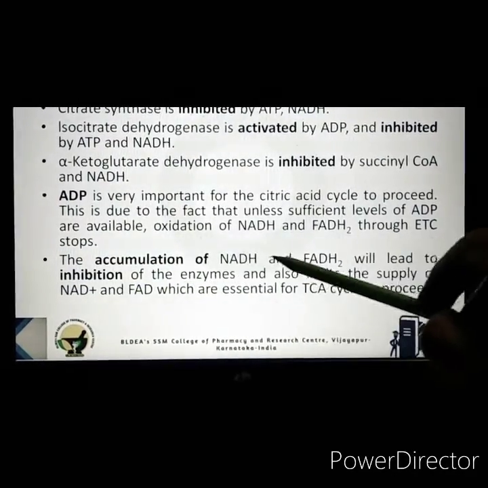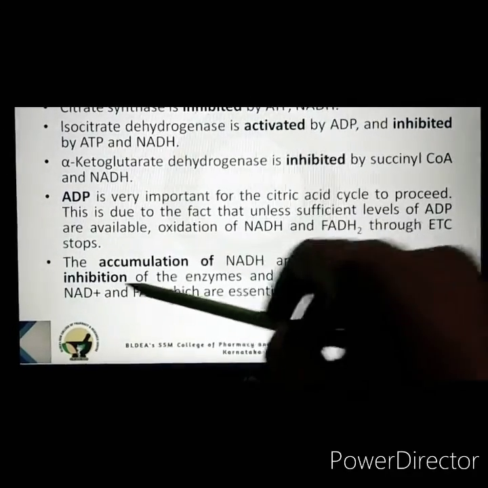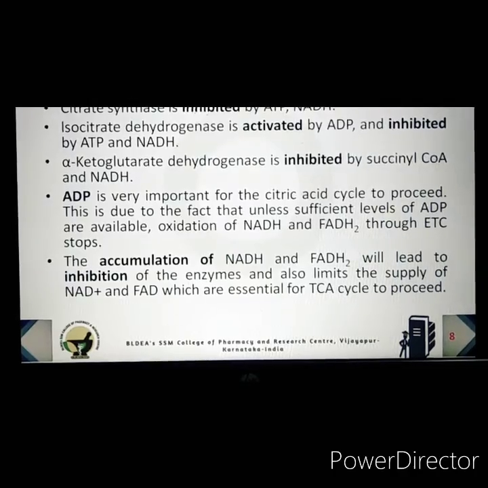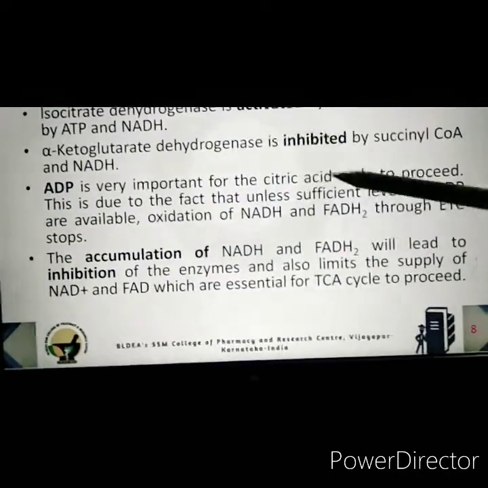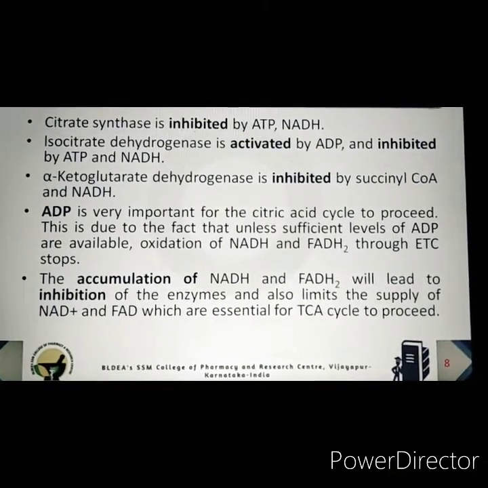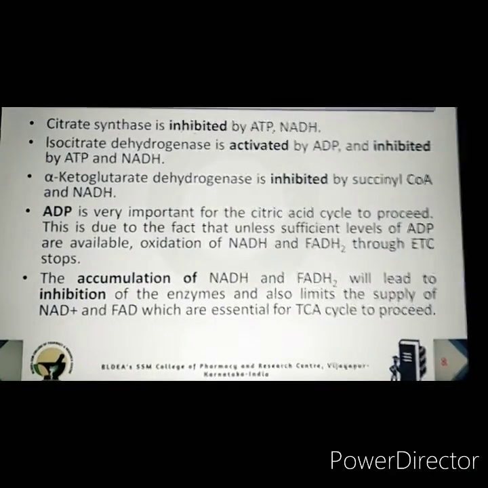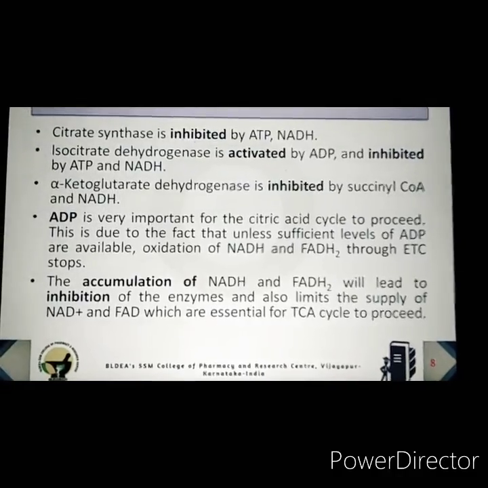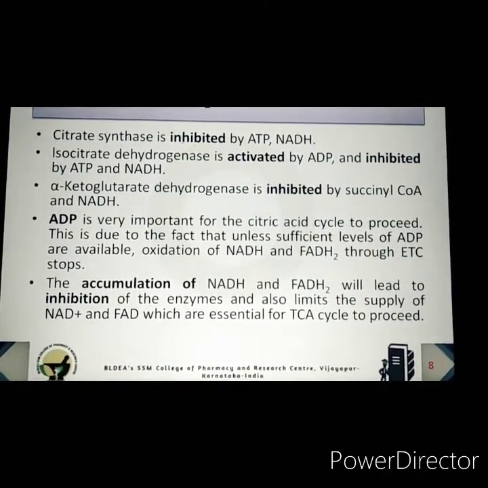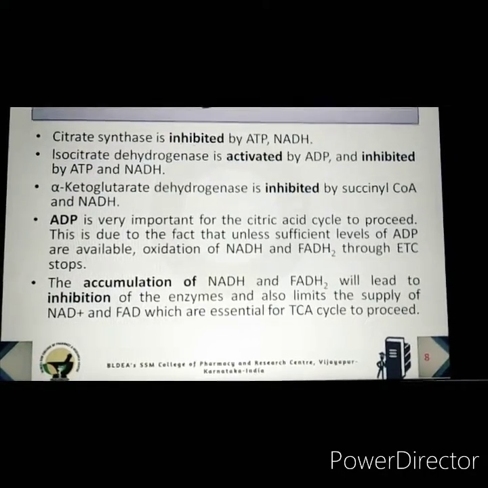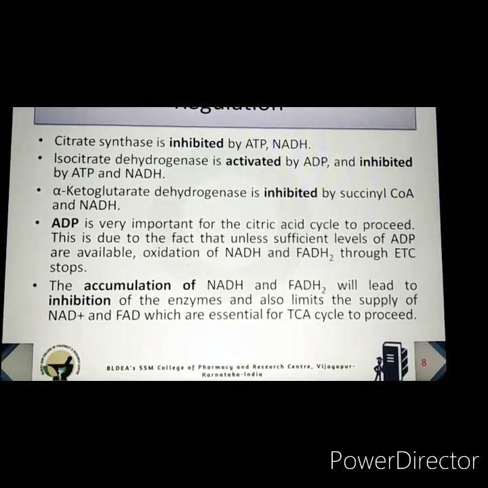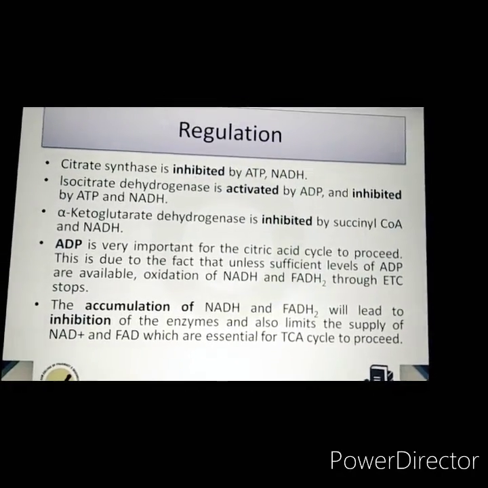Next, accumulation of NADH and FADH2 will lead to inhibition of the enzymes and also limits the supply of NAD plus and FAD. As we know, NADH and FADH2 undergo the ETC and produce ATP. If more and more NADH and FADH2 are produced from acetyl CoA, there will be accumulation of them, and they will undergo ETC and generate an enormous amount of energy.